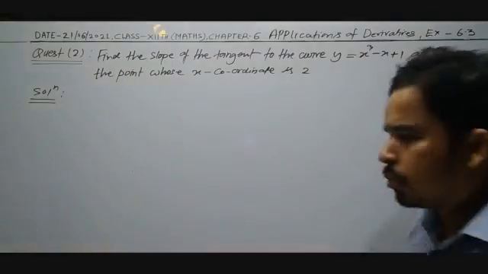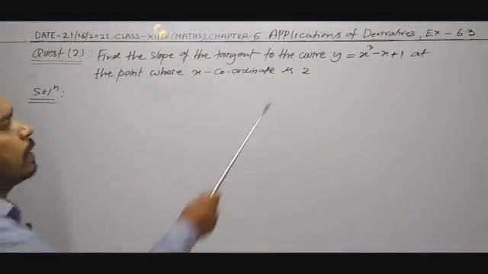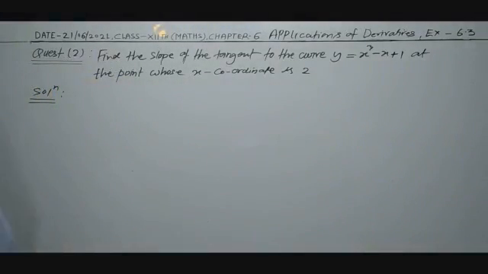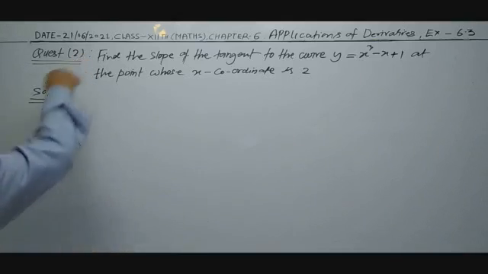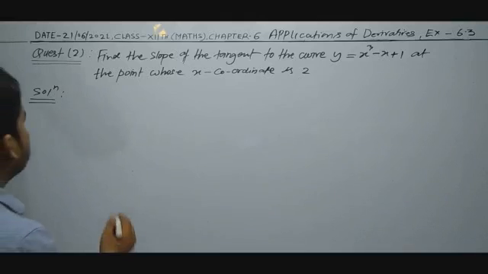The x coordinate is 2 means x is equal to 2, and the given equation of the curve is y is equal to x cube minus x plus 1. This is question 3 of NCERT exercise 6.3, but today my question is 2. So come to the solution.